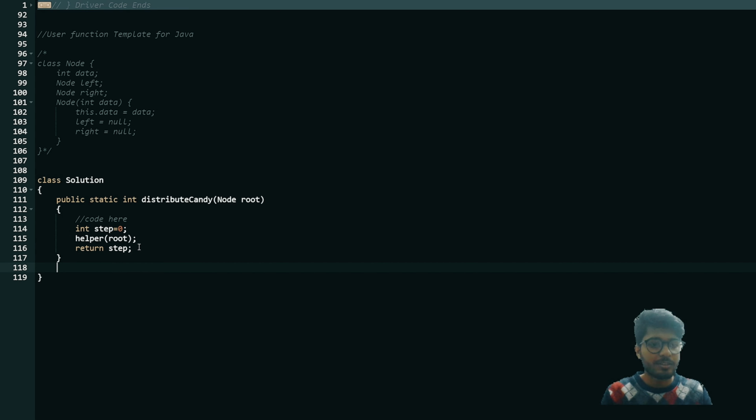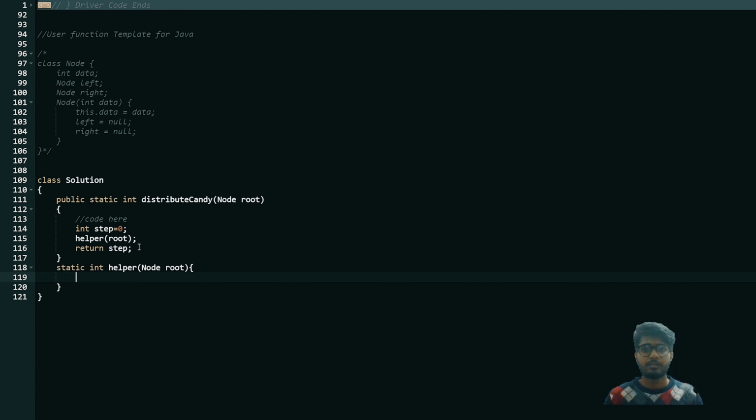And now let's create our helper method. It will accept the root node. I hope you remember our base case: if the root node is null, we will simply return 0. So let's check if root equals null, we return 0, and else we recursively call this function for our left child and the right child as well.